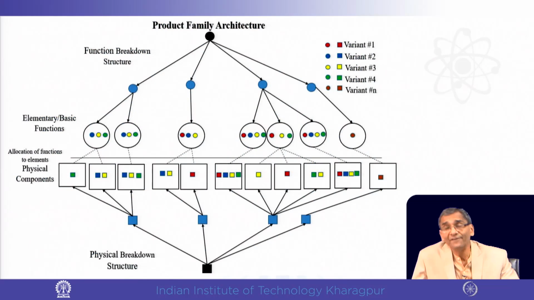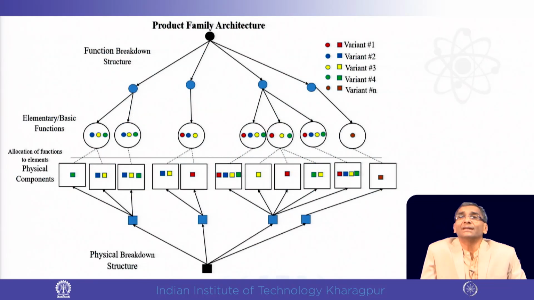The figure is something like this, which tells us the product family architecture on top. So, if you remove the word family, it becomes one product, just one variant. But you can look at any of the nodes.